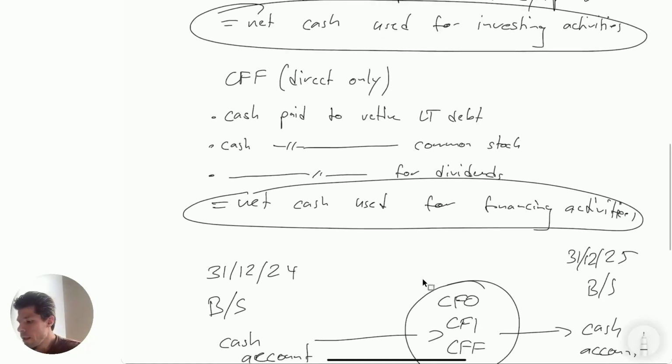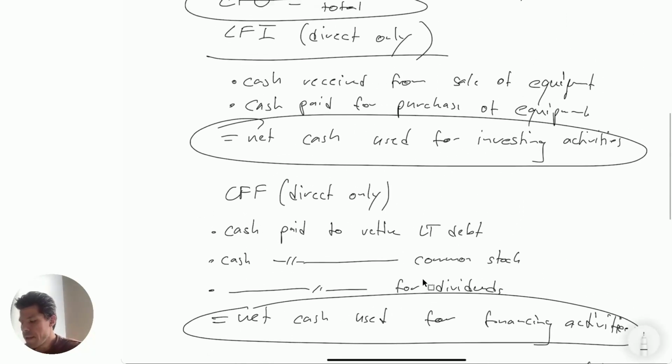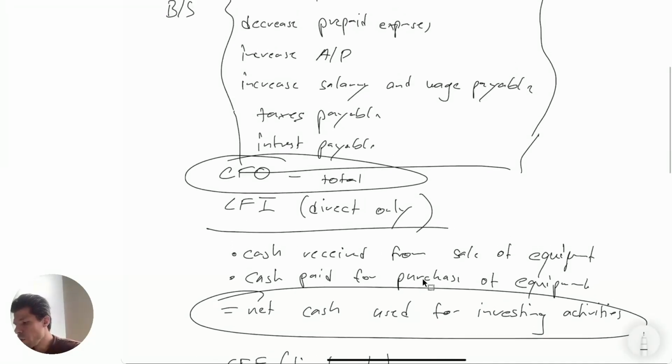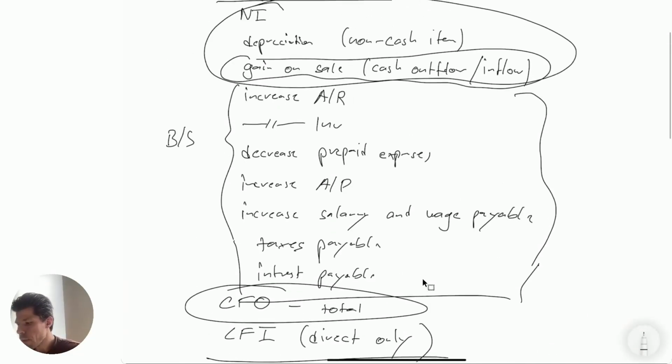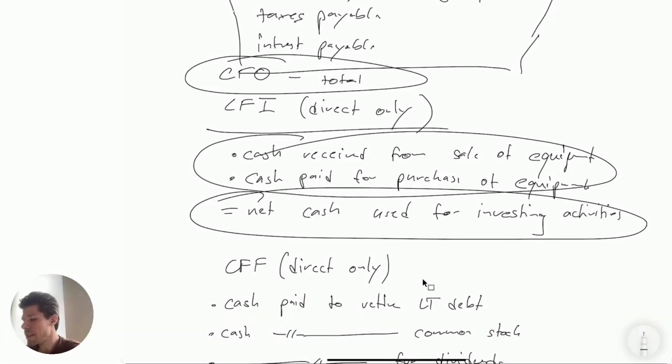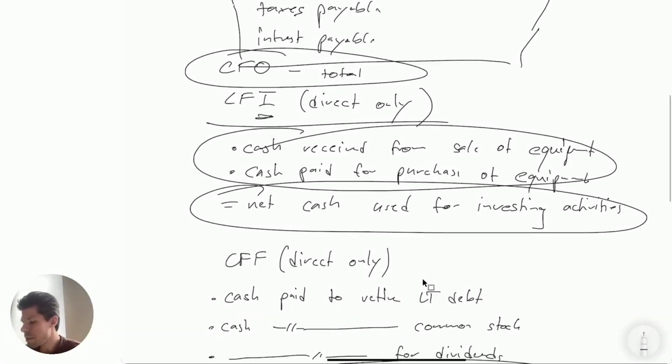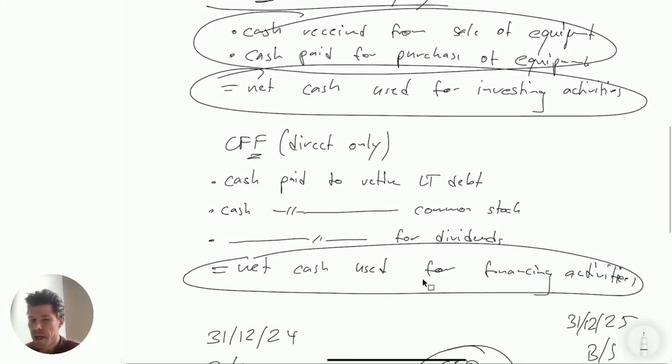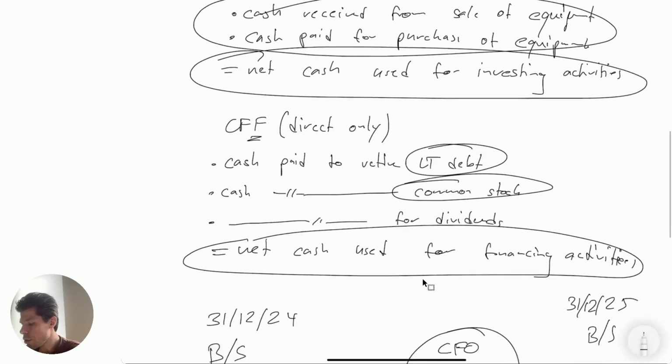Again, this is just an example, there are many more items to be considered. The main part of CFI is what you invest in equipment and property. CFF is basically all the transactions between the company and the capital providers: what is the money exchange between you and your debt holders, and between you and your shareholders.